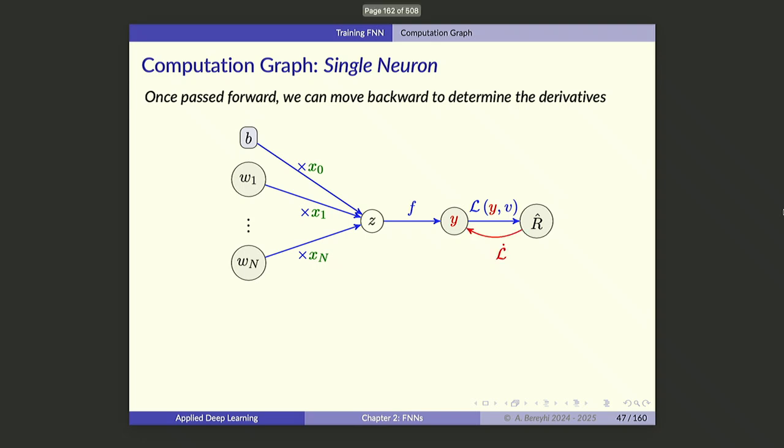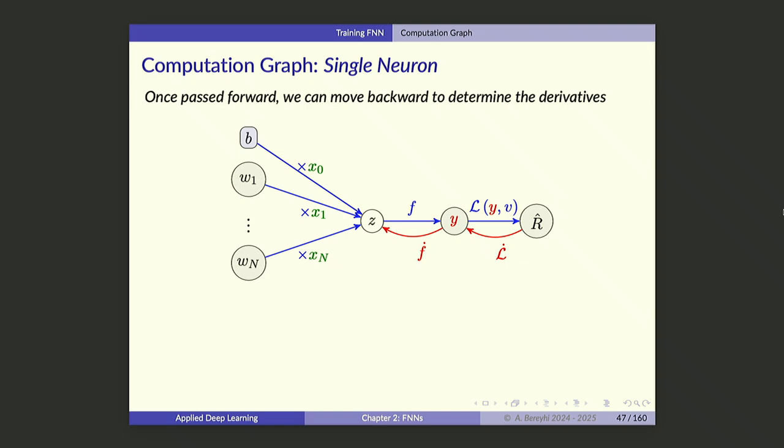So basically what you can say is, OK, I am at r hat, and I can move backward to y, because this loss I have defined it. I do have the derivative. I do know the immediate derivative. That is easy. I do know the value of y, so I can compute this derivative. And then I can move backward again. This is the activation function, for instance, ReLU function or sigmoid function.